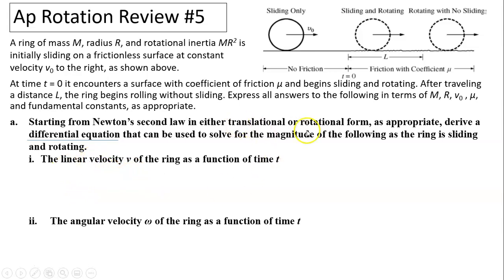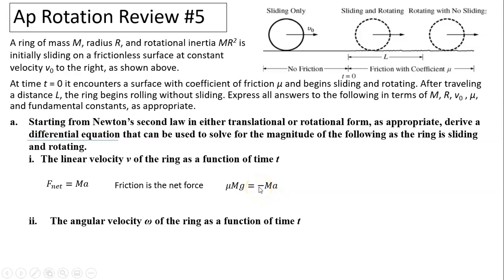For linear velocity, we use the translational form, which is F net equals ma. What is the F net? The net force is the friction force. Friction force is mu times Fn. Since the ring is moving in the horizontal direction, Fn is mg. So it's mu times mg equals negative ma. Why is it negative?